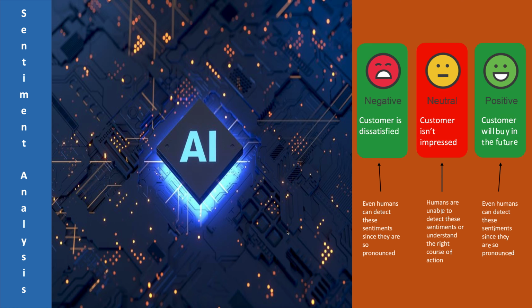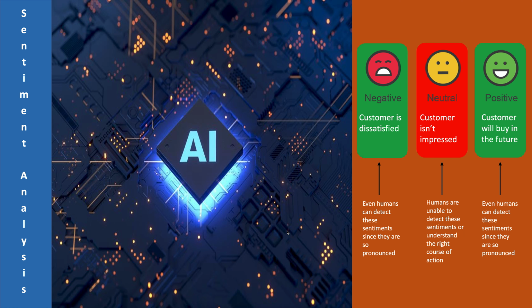While humans can detect positive or negative sentiments easily, humans find it difficult to identify neutral or unimpressed feedback and discern it from positive feedback, because the words used in neutral feedback are usually okay, which could also be used in positive feedback. So many times humans mistake neutral feedback for either positive or sometimes for negative. This results in misinterpretation and loss of customers over time.